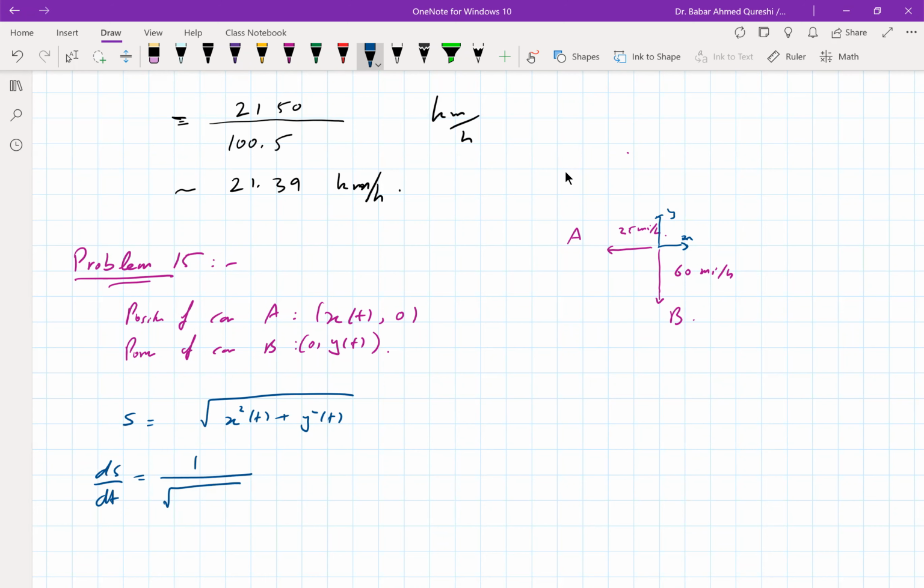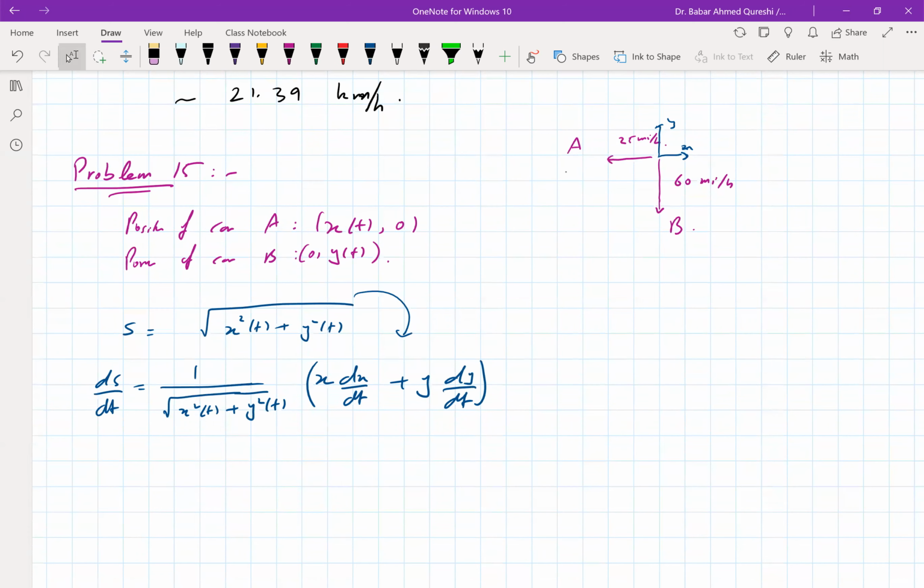So again, it's gonna come out to be x dx over dt plus y dy over dt, divided by s. This always has this formula for derivative.